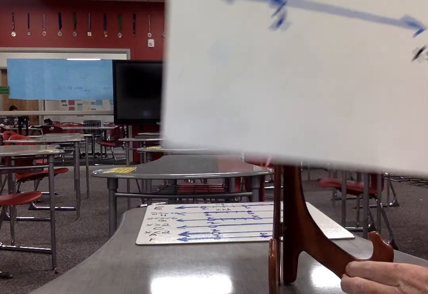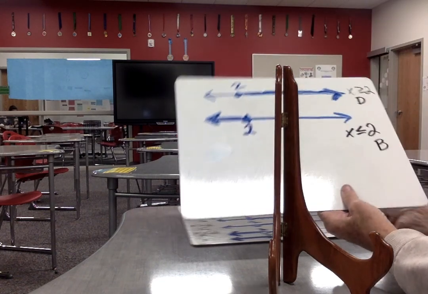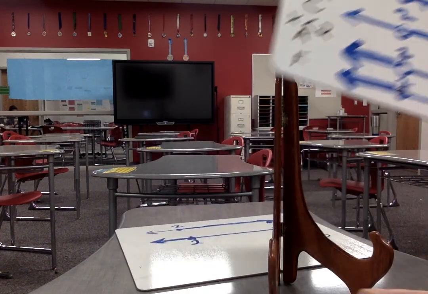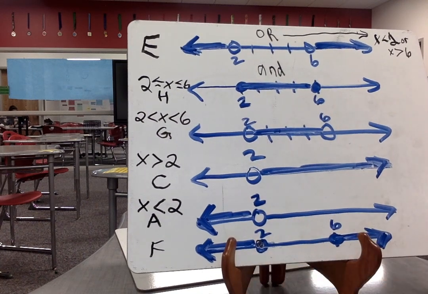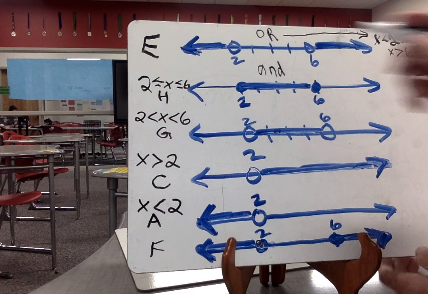All right, going back to the other one. We're going to see which one's on the right-hand side, because this is a different way, the interval notation on the right-hand side. X is less than 2, so it's not including 2, but it includes all the way to infinity.